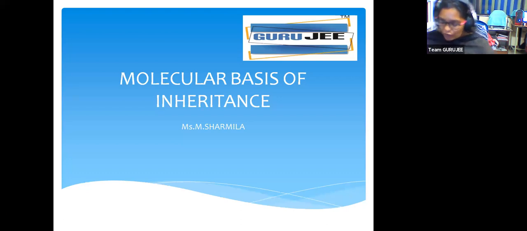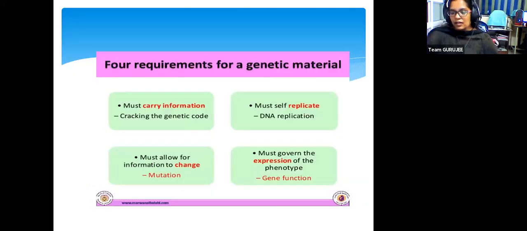In case of molecular basis of inheritance, what I have seen, first thing is DNA is the genetic material. What are the four requirements of a genetic material? They must carry information from one generation to another.